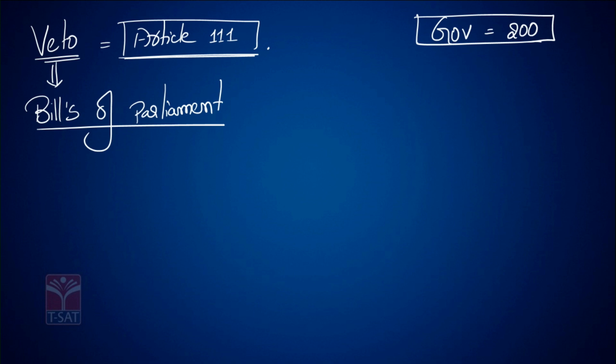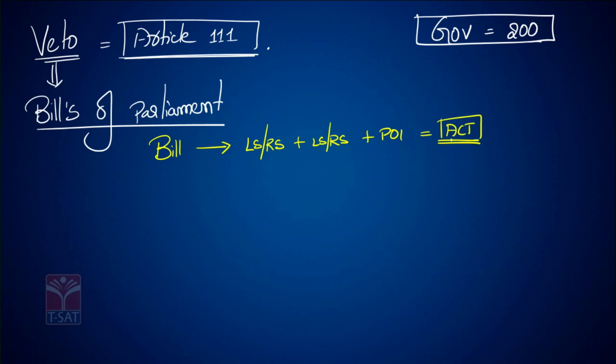A bill becomes an act when it is passed in Lok Sabha, Rajya Sabha and accepted by the President of India. Then only it will become an act. So this is the criteria.